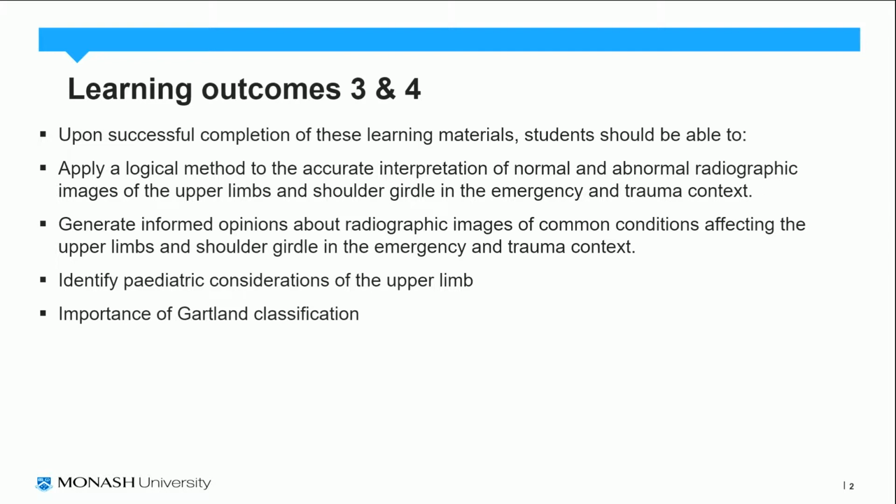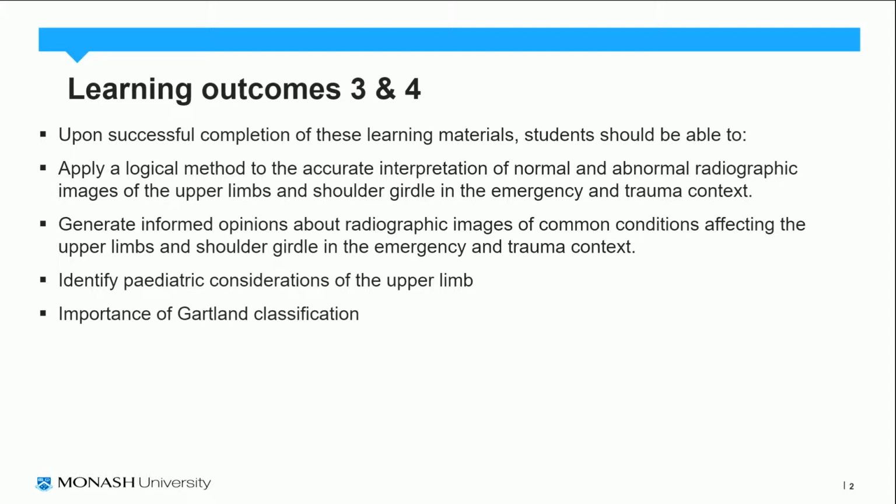This lecture is linked to Learning Outcomes 3 and 4. You should apply a logical method to the accurate interpretation of normal and abnormal radiographic appearances of the upper limb and shoulder girdle, as in the emergency and trauma context.